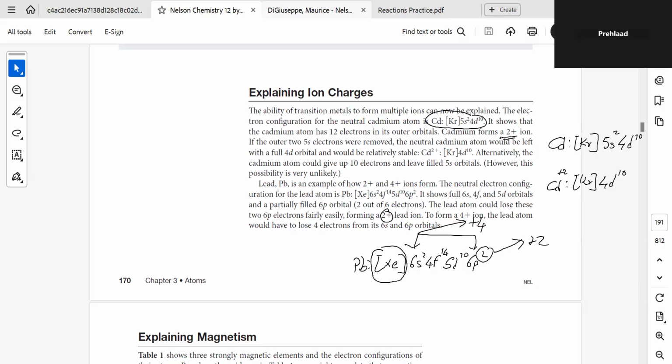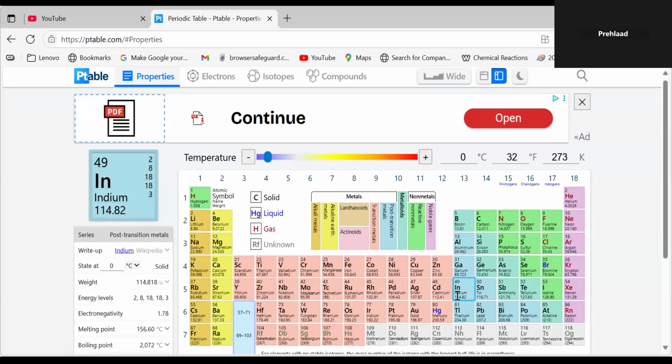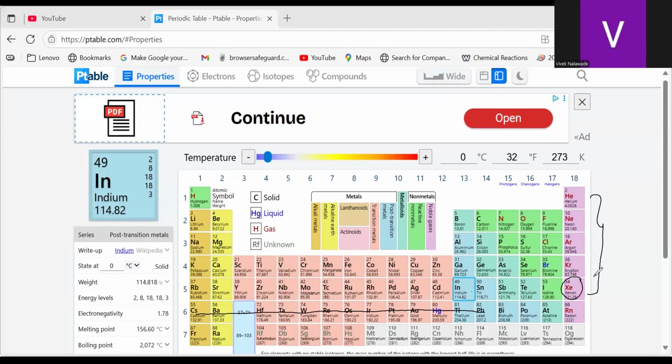I understand it because most elements already have full shells, and whatever is below is just built upon that. Can you see the screen? So xenon represents all the electronic configuration till here.